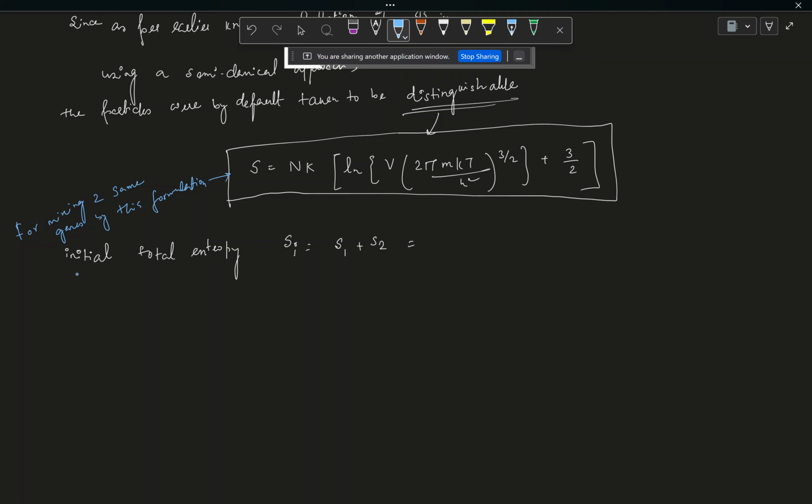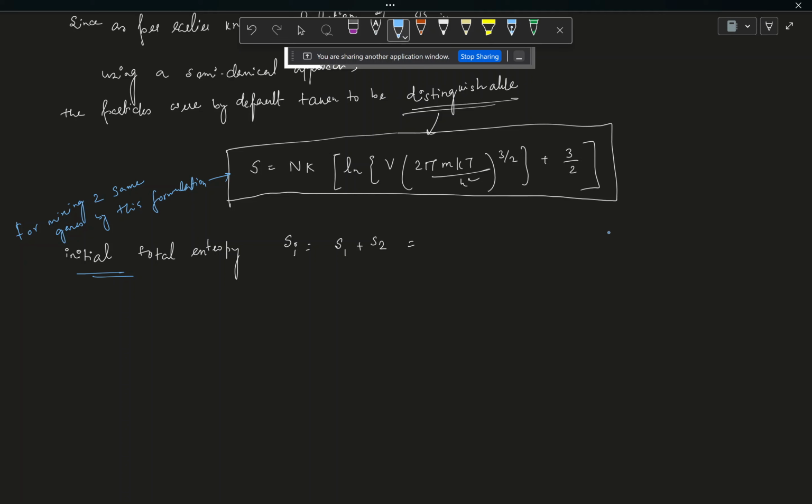For our ease, we can consider that both the gases are the same, and they both also have the same volume and same mole number. Otherwise we could also take different mole numbers n1 and n2 and V1 and V2, but that just makes the calculation a bit longer, and we just want an idea of why this paradox is coming.